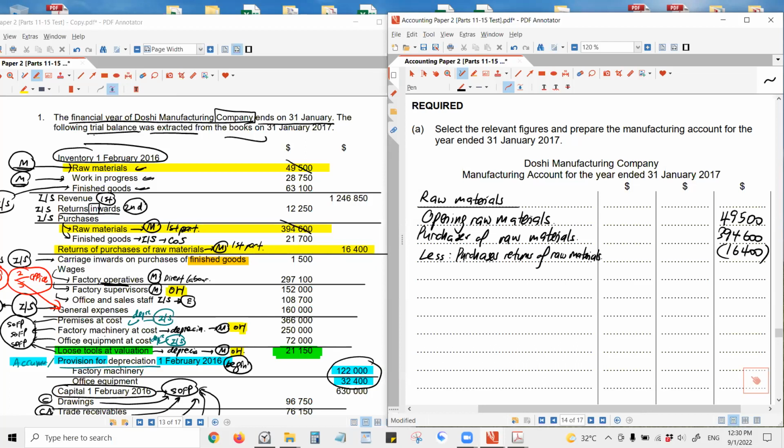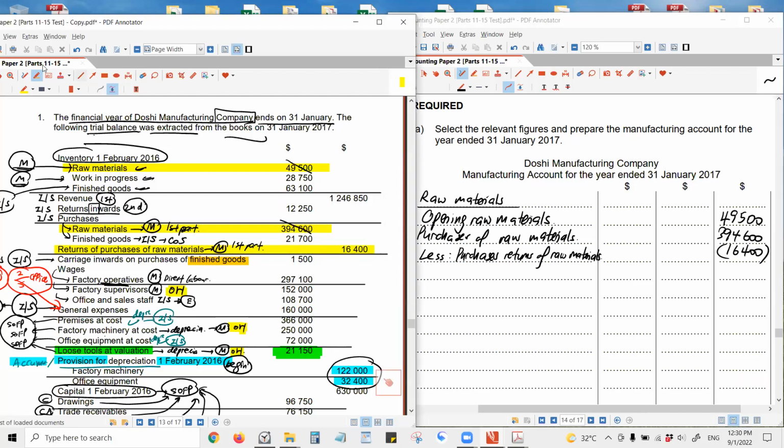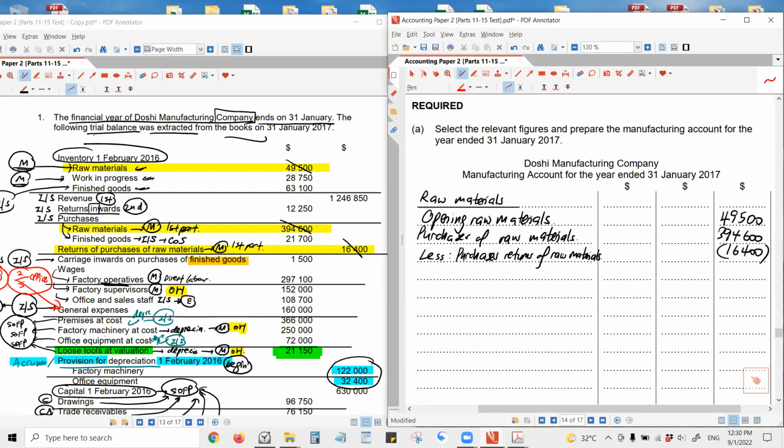Okay. Then closing raw material. Okay, one of you asked me, is it all right to switch the position between these two?